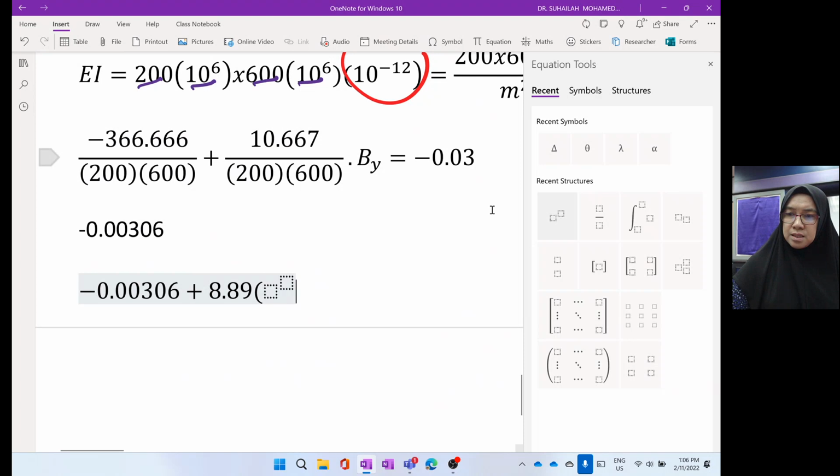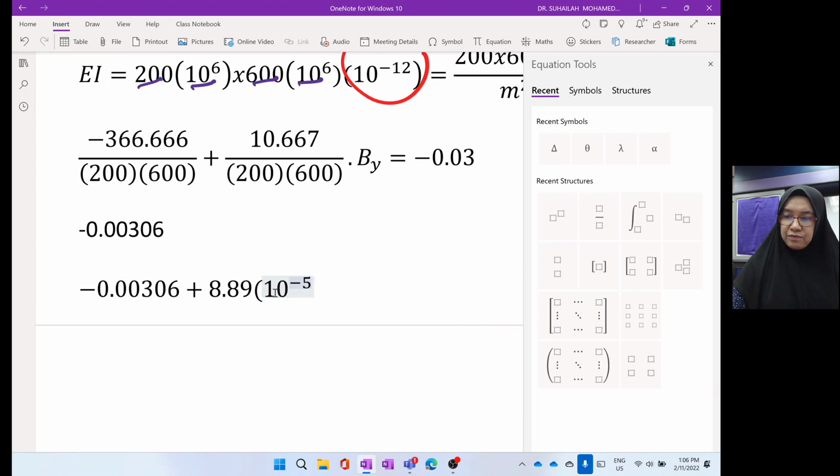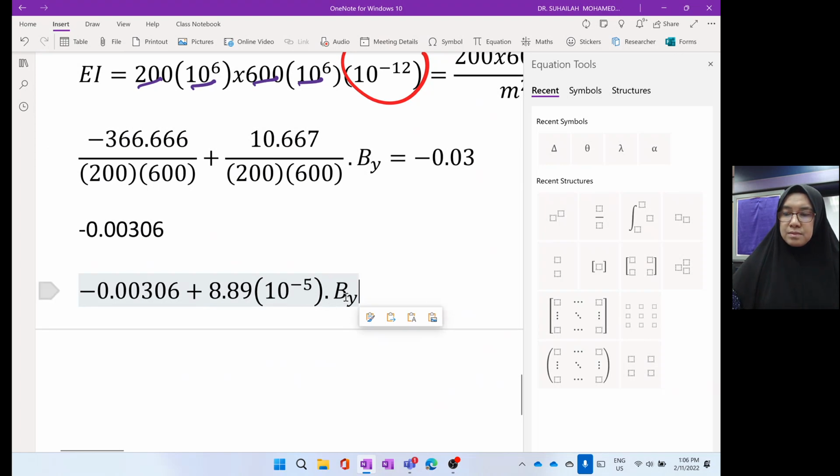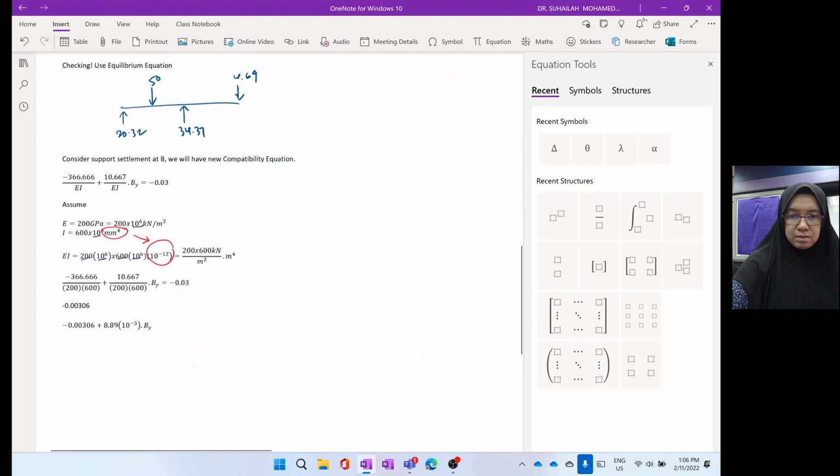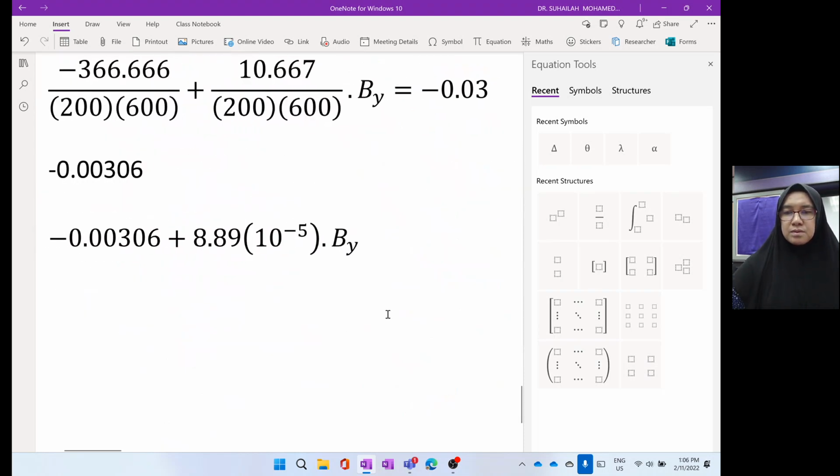Yang ni 10 power of negative 5. Okay. BY equal to negative 0.333.